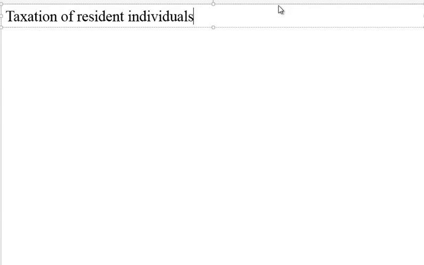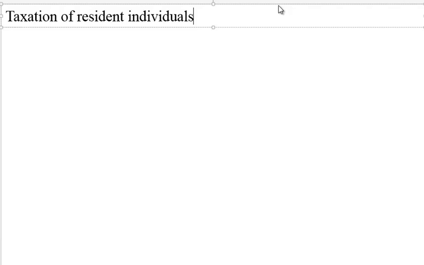So the definition of chargeable, assessable, and statutory income is given at the start of your notes. What is statutory income? If you go to page number 1, statutory income is the full amount of the income which is net of capital allowances and any deductions.